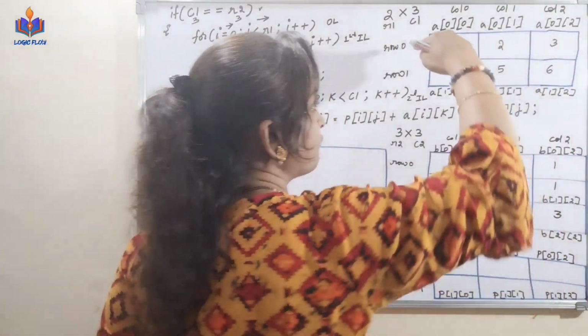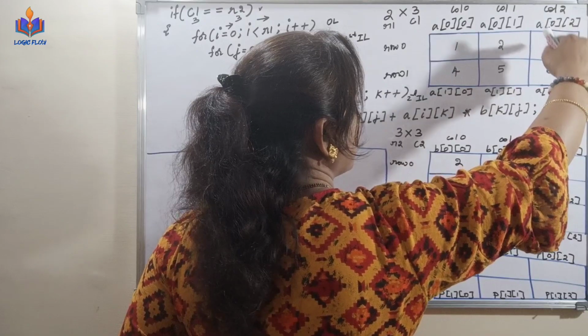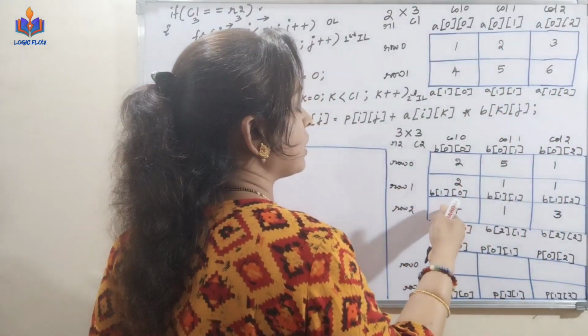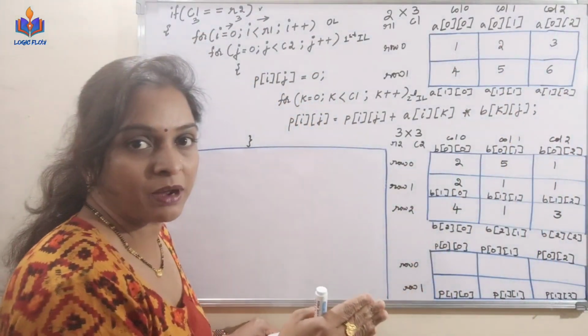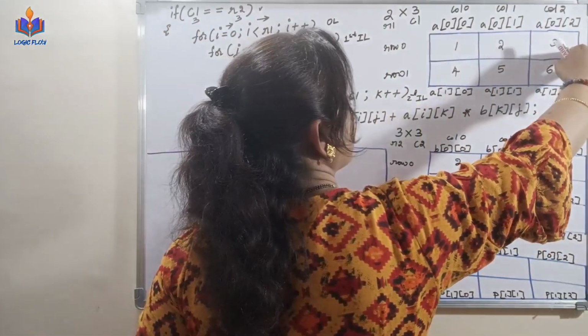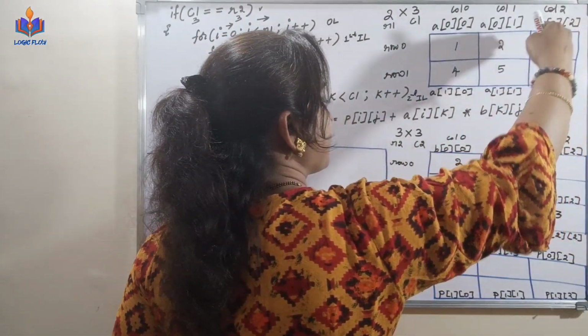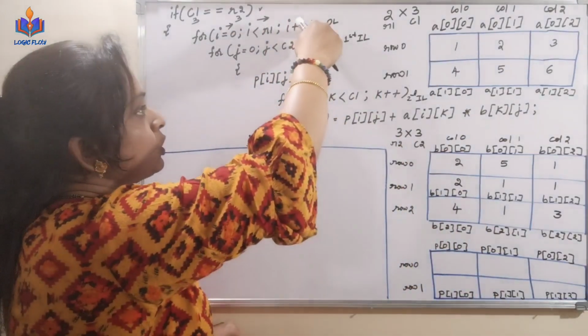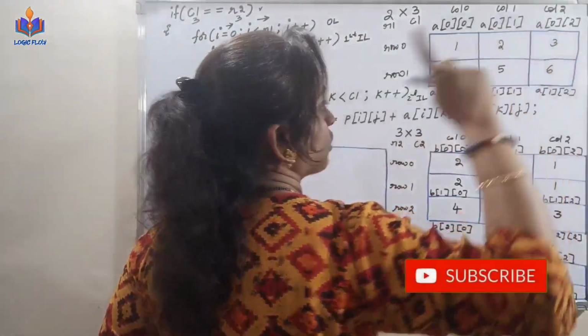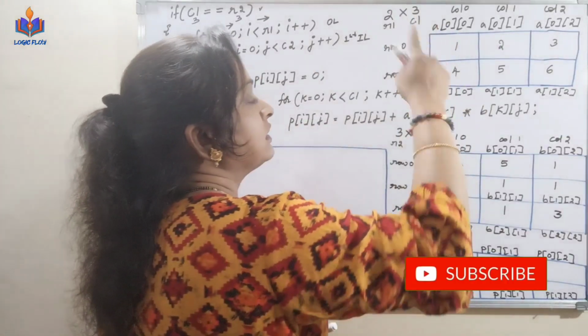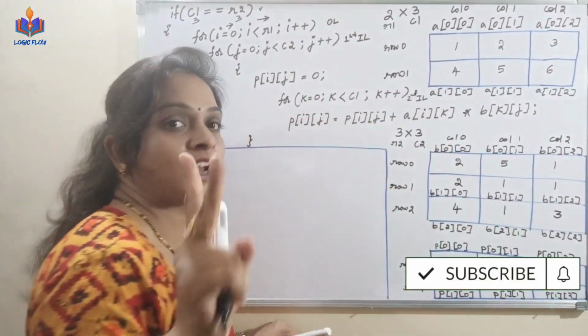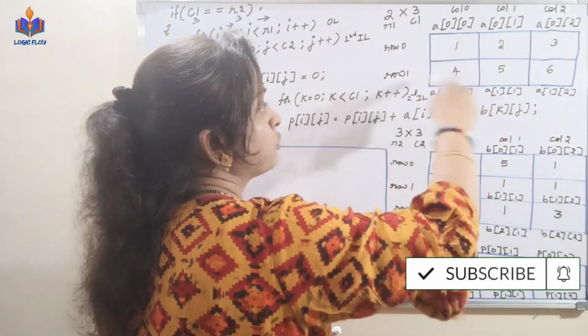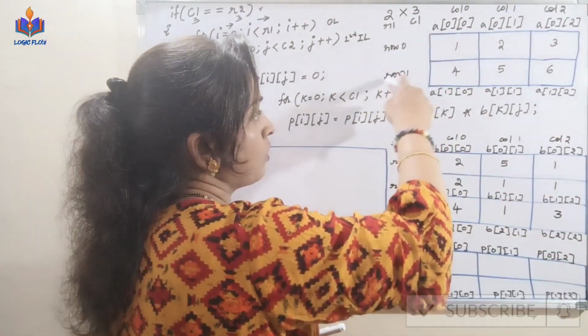The first row of the first matrix is to be multiplied with the first column of the second matrix. So this outer loop takes care of the number of rows of the first matrix, and it will run twice because you have 2 rows: row 0 and row 1.